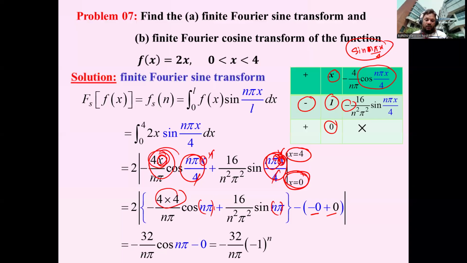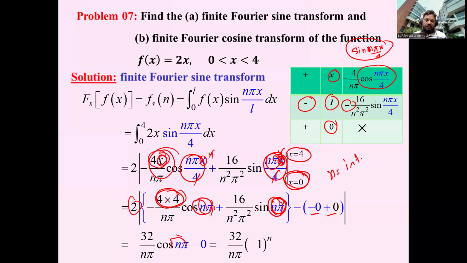So now we can write 2 times 4 times 4, that is 16, and times 2 will be minus 32 by n pi cos n pi, and sin n pi is 0 because n is a positive integer. So we write minus 32 by n pi cos n pi.